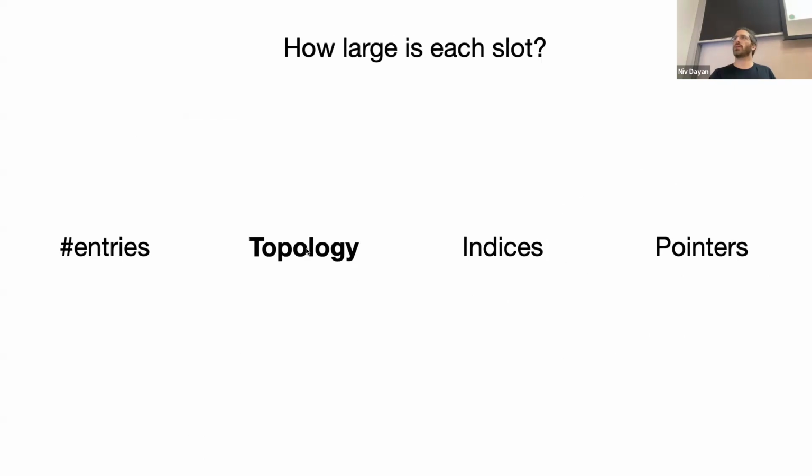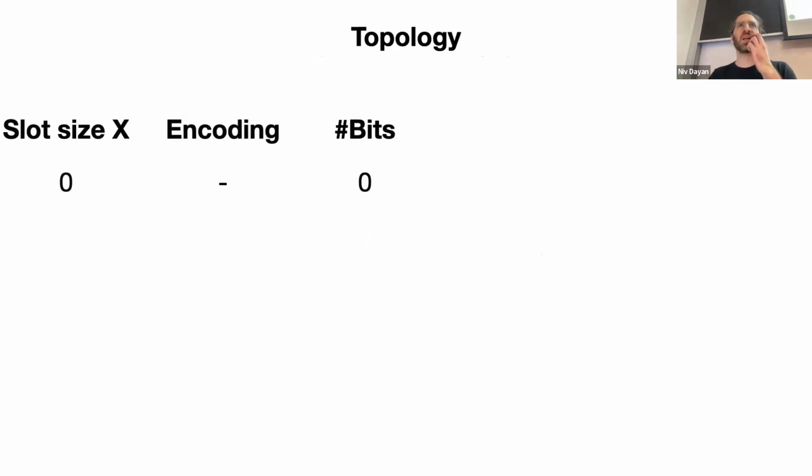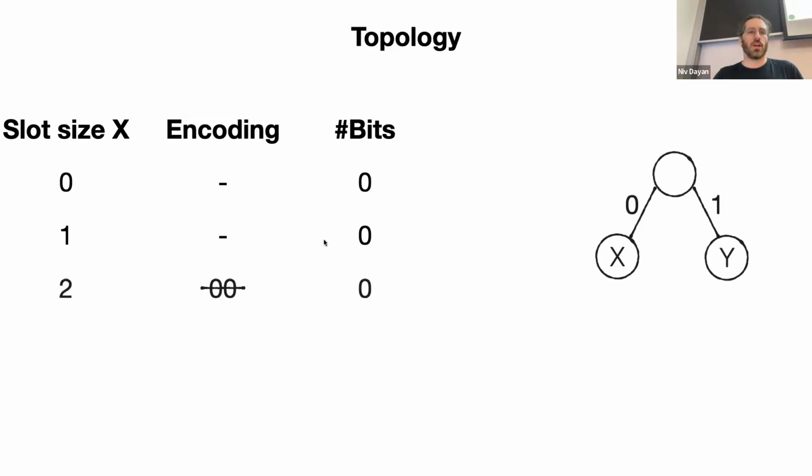What about the topology field? Let's look at that as I have more and more entries in a given trie. So if I have 0 entries, I don't have a trie. And if I have 1 entry, I also don't have anything to differentiate between, so I don't actually have a trie. If I have 2 entries, I need 1 node to distinguish between them. But as I said, I can always get rid of the last 2 bits because it's redundant information.